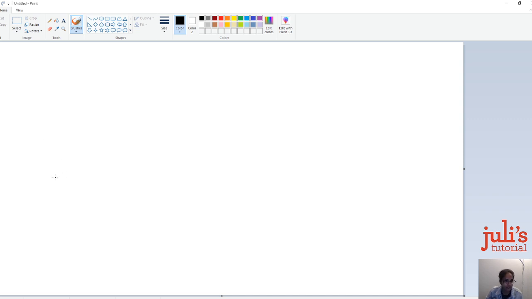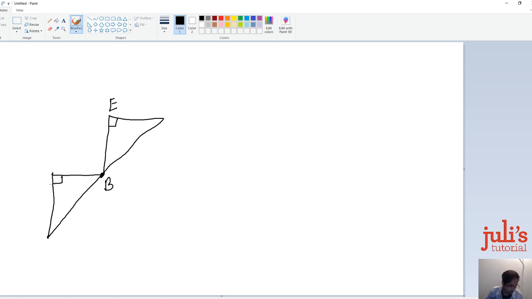So I'm drawing the two triangles right here. One of them is like this. This is the right angle, and another triangle is over here, and this one's right angle is right here. So the right angles are at E and D. This is A, so this is ADB, and this is BEC.